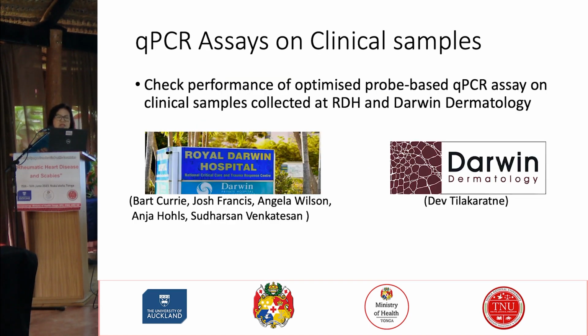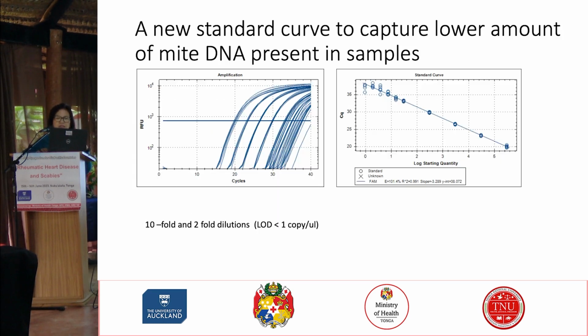After optimizing our PCR, we went to look at patients admitted to Royal Darwin Hospital. These are clinical samples. We tested our PCR with them, and when we were happy with the sensitivity across different clinical profiles, we found out that 3 copies per microliter may not be capturing some of the very low infections.